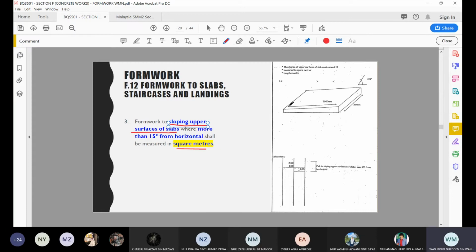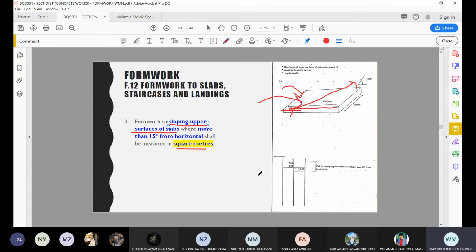Okay. Tapi kalau kita nak buat slab, permukaan di sebelah atas ni, on top, this angle is more than, ni lah, lebih daripada 15. Okay, which means that kita perlukan extra ataupun perlukan kerja-kerja yang lebih untuk sloping kawasan ni.